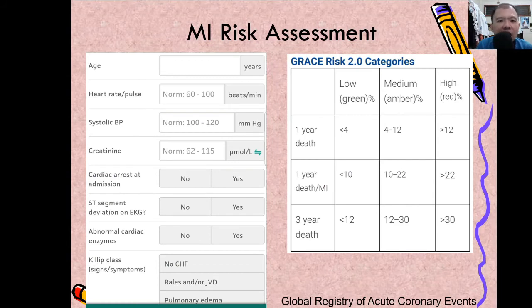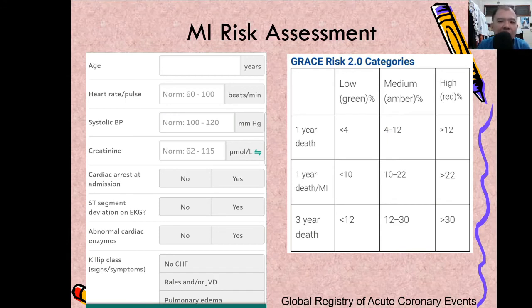In assessing myocardial infarction, the risk for myocardial infarction is assessed by the following tools. First is what we call the GRACE assessment. It's an acronym for Global Registry of Acute Coronary Events. It makes use of risk factors.